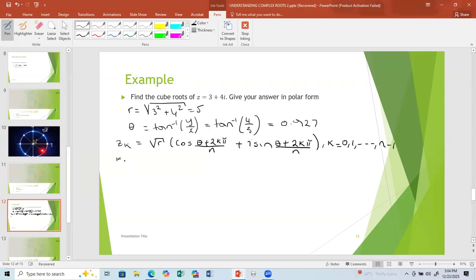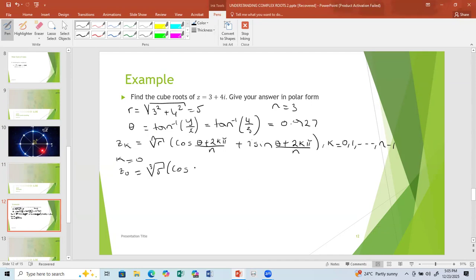Now, when k equals 0, what do we obtain? We have the first root, z0, equals, remember this is n. In this case, the cube root represents n equals 3, right? So we're going to have the cube root of 5 times cosine. If k equals 0, this becomes theta only.